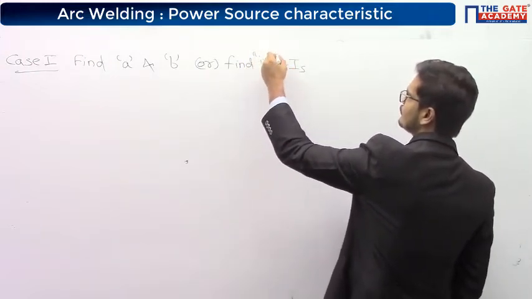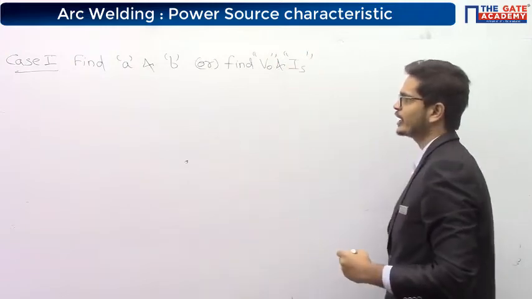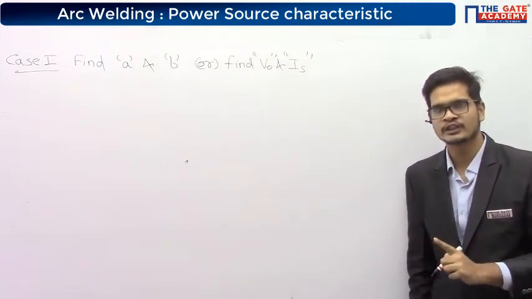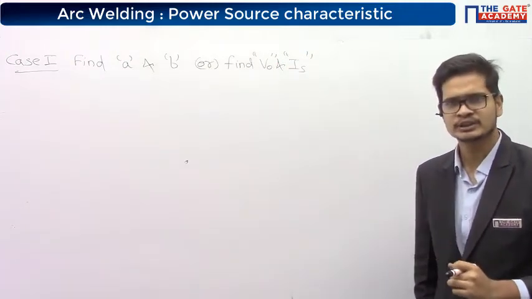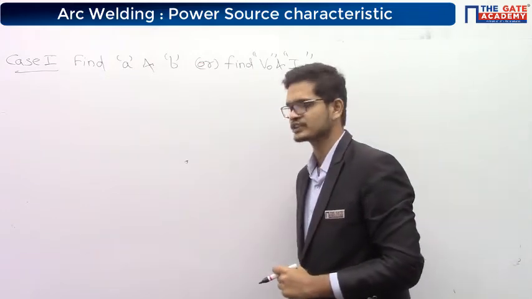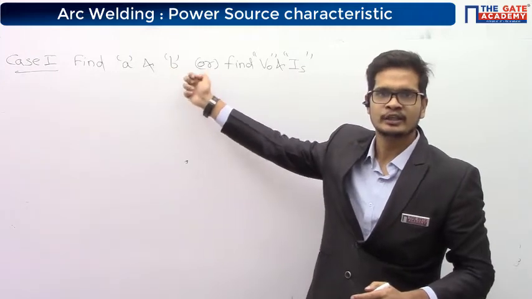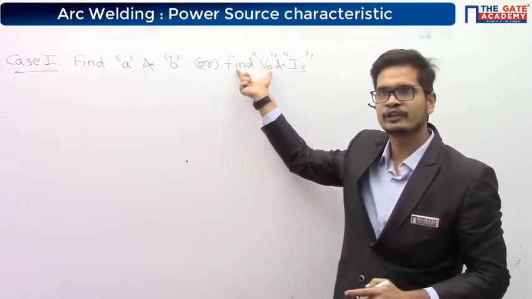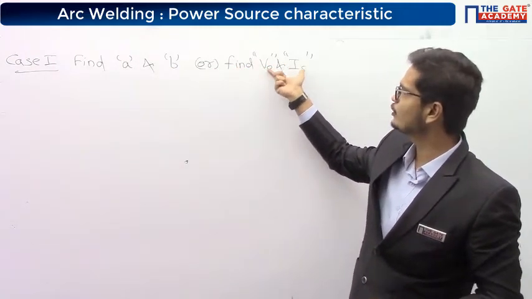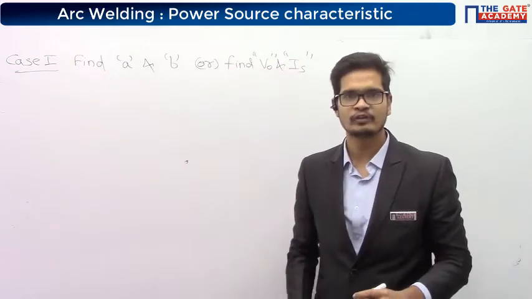This has been asked many times. So you will be asked to find either A and B, in which case V0 and IS will be given, or you will be asked to find V0 and IS and A and B will be given.